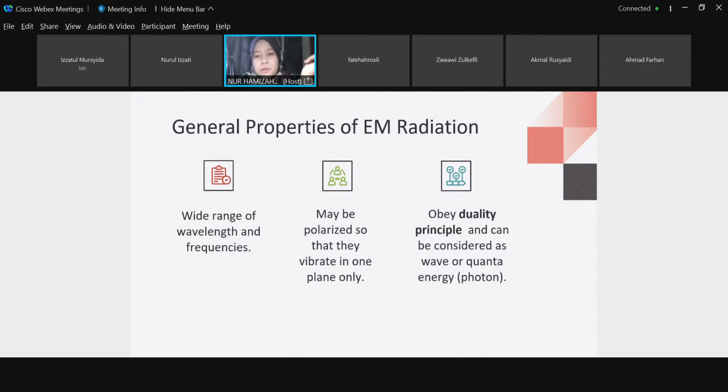They also obey the duality principle, which is wave and also photon. The wave principle and the photon principle, there are two theories about electromagnetic radiation.